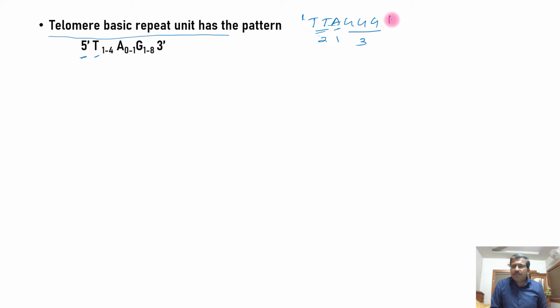So each repeat has the pattern 2T, 1A and 3G. Make sure you have this idea, because it can appear in the CSIR exam. This is the general pattern of the basic repeat unit present in the eukaryotic chromosome.